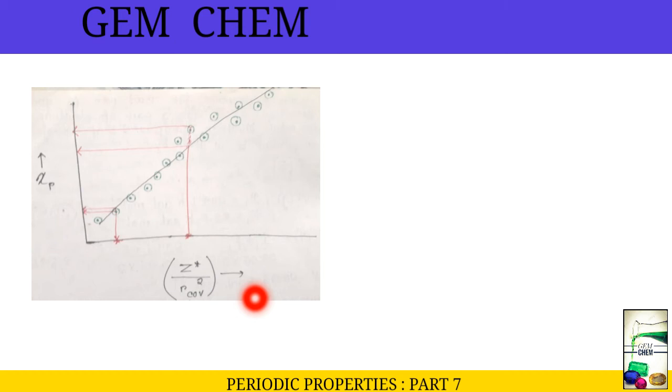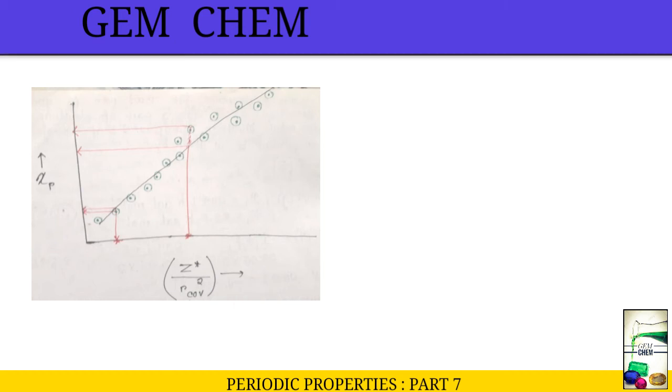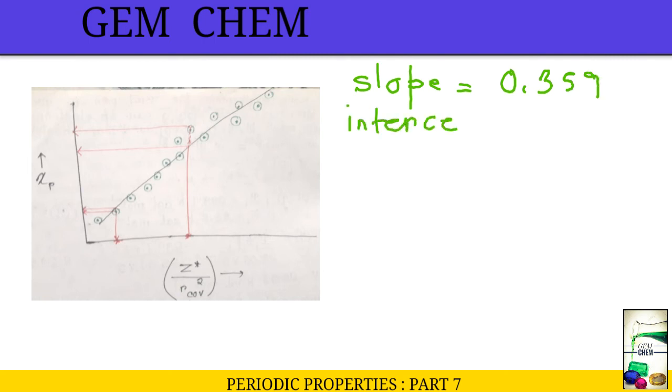Okay, the best fit plot was found to be a straight line and its slope was 0.359 and the intercept at y-axis was found to be 0.744.